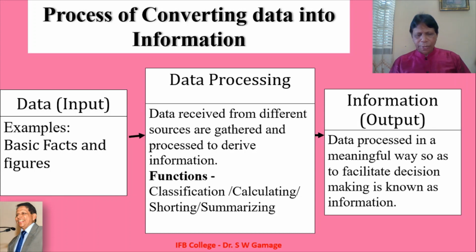If the information system is performed through computer and communication technology, that is known as information technology. Now, I think students may understand the difference between data, information, data processing, system, information system, and information technology.